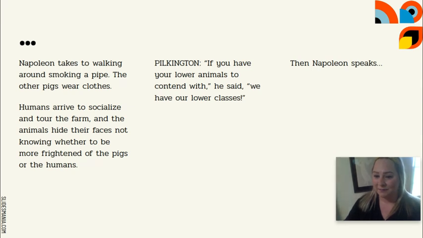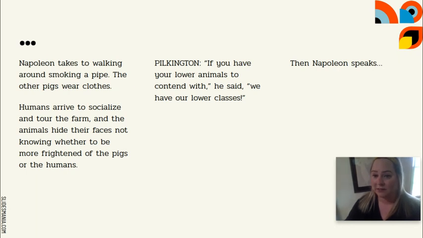He tells him in a sickeningly joking way that you have your lower animals to contend with, we have our lower classes. So there you go. The privilege belongs to some, the hard work and labor and toiling and suffering belongs to others. And very rarely in society in the book do those putting in the work reap any benefit or reward from their efforts.